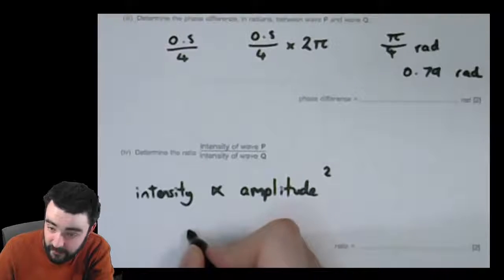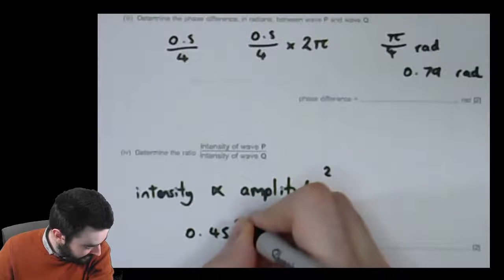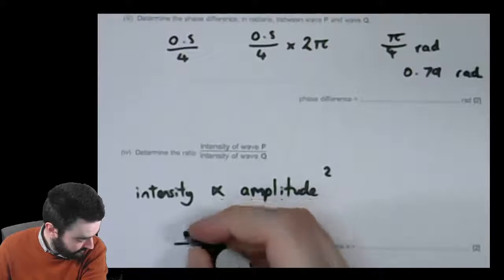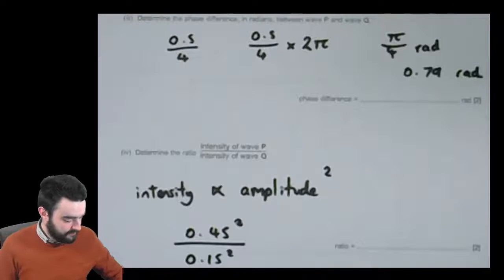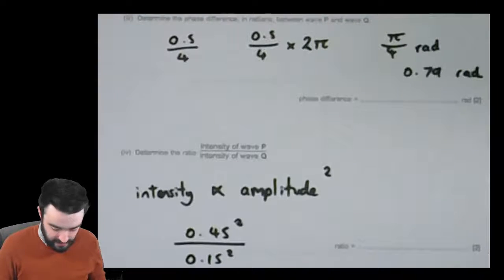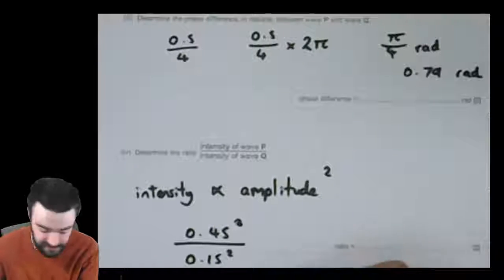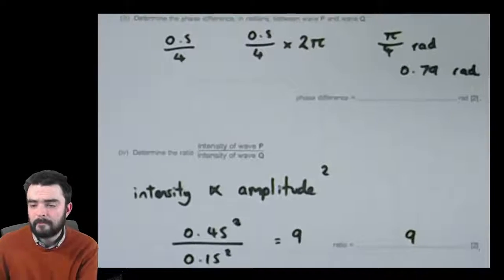So the amplitude of wave P is 0.45 and we want to square that, and then divide that by 0.15 squared. So 0.45 squared over 0.15 squared, and so the ratio is going to be 9.